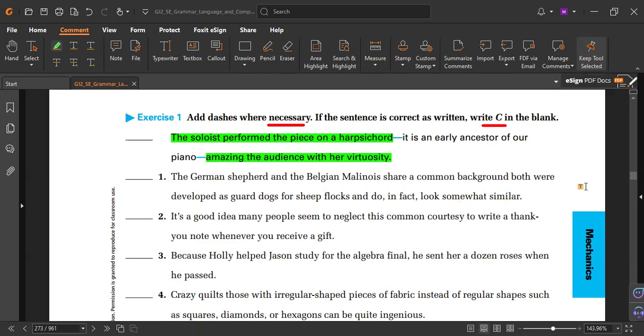The German Shepherd and the Belgian Malinois share a common background, both were developed as guard dogs for sheep flocks. There's a comma already. In fact, there shouldn't be a comma. Am I correct?